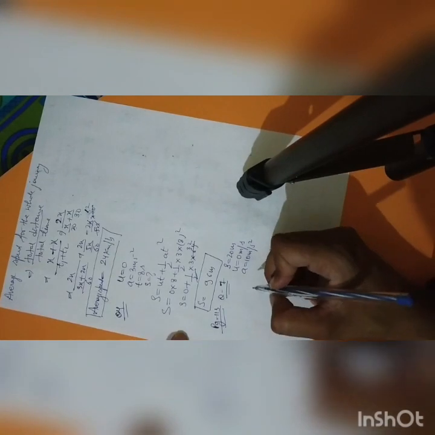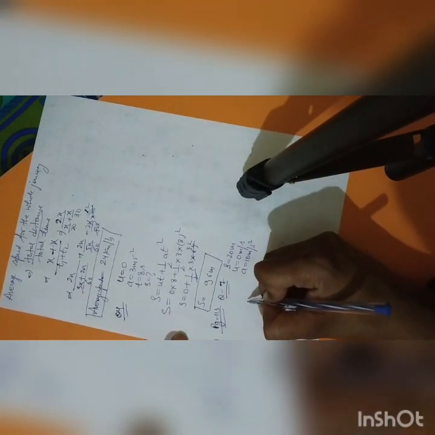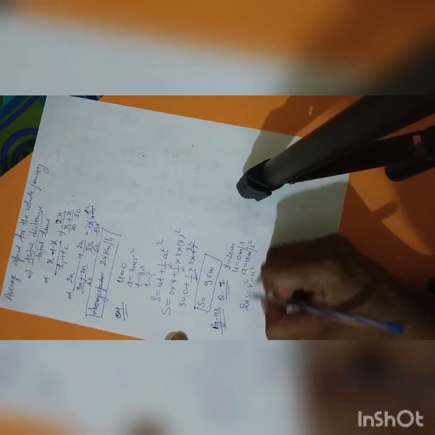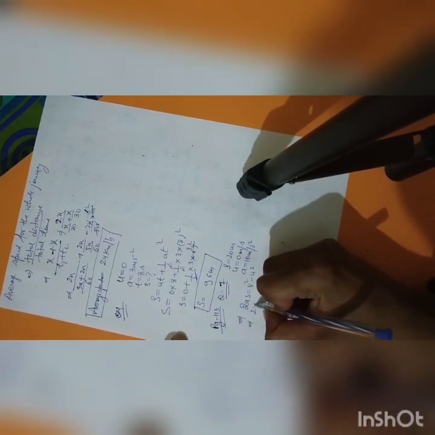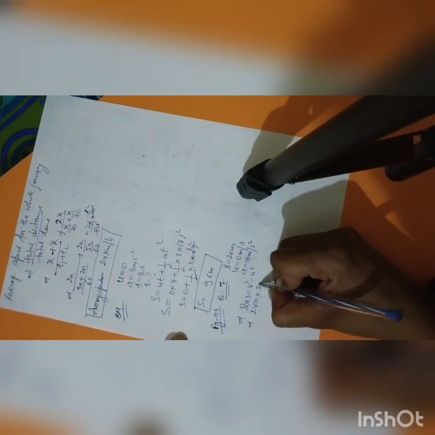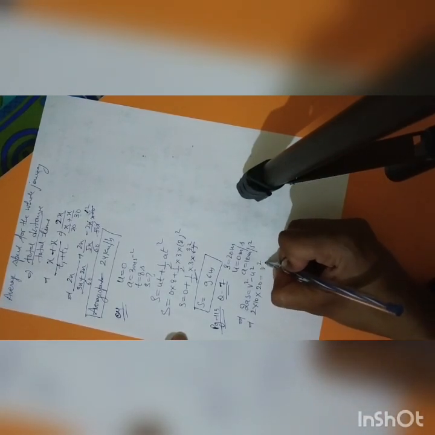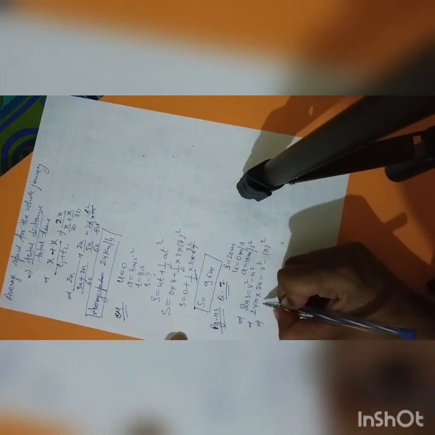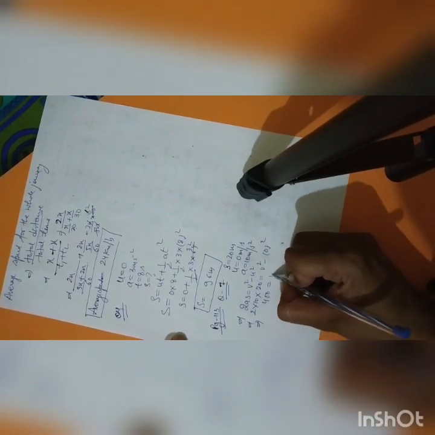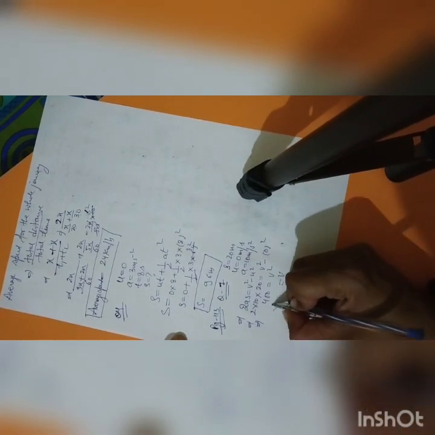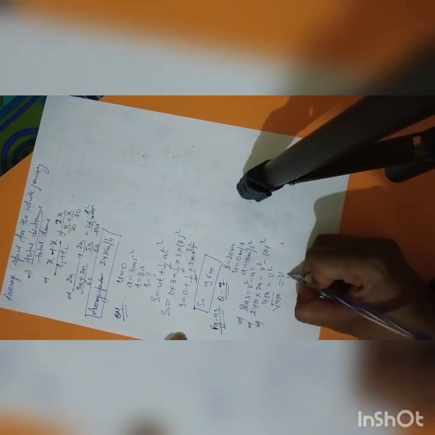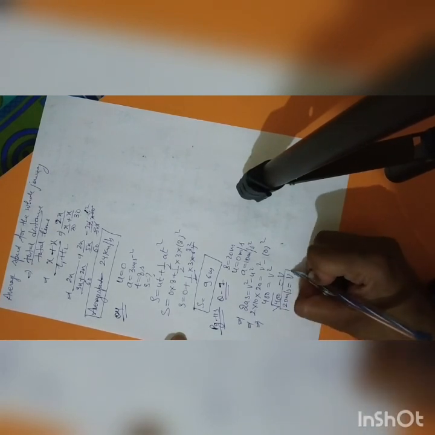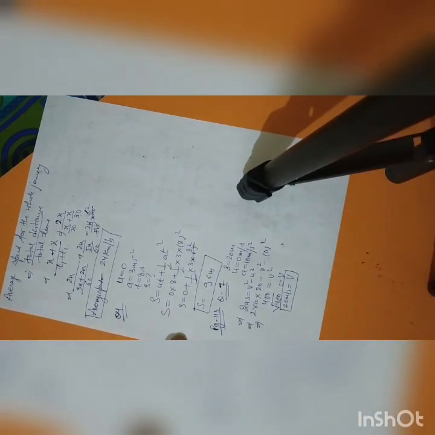For the velocity, we will use the third equation of motion, 2as equals v square minus u square. The velocity with which it will strike the ground is 20 meters per second.